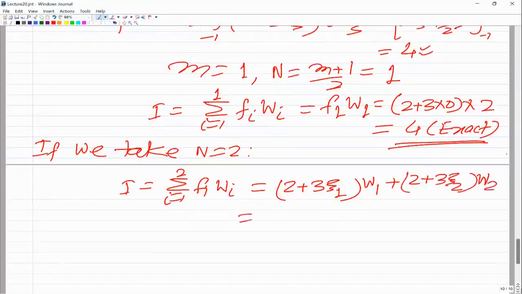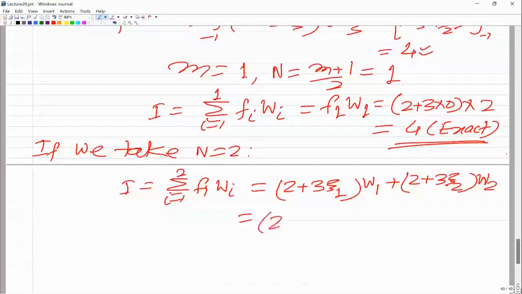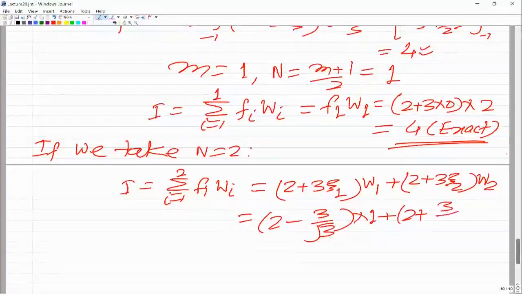For 2 point integration, we have already given the values of xi1 and xi2 as plus minus 1 upon root 3. So the first term would become 2, and because xi1 is minus 1 upon root 3, we get minus 3 upon root 3, with w1 equal to 1. Plus now 2 plus 3, and xi2 is 1 upon root 3, so we get 3 upon root 3, and w2 is also 1. That is what I have listed over here.